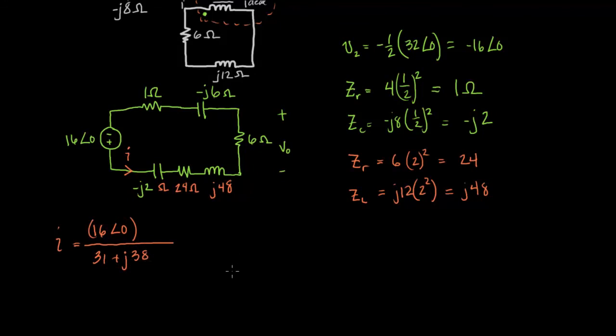Okay, and when you divide that out, you will get a number like this: 0.206 minus J0.25, and that's the current.